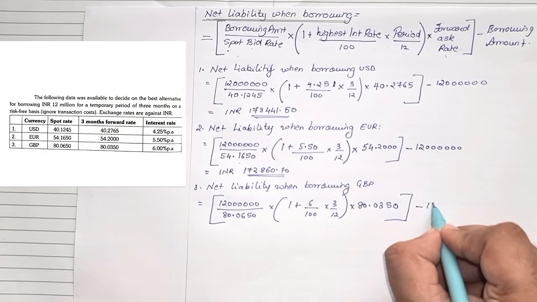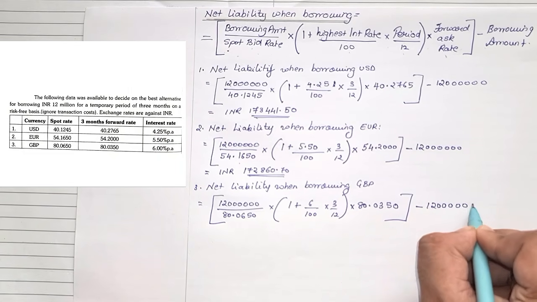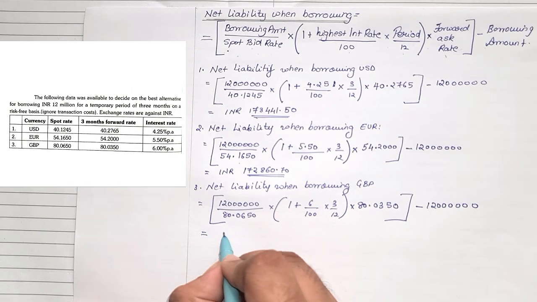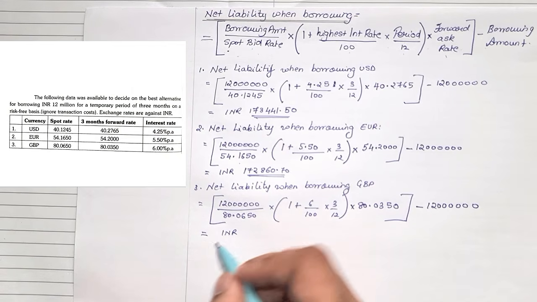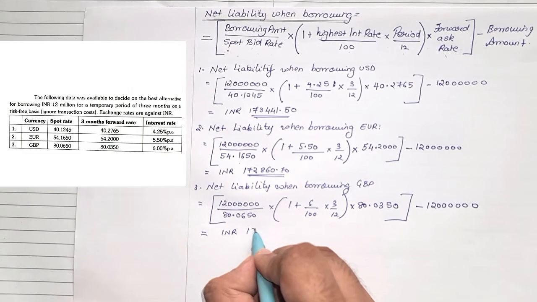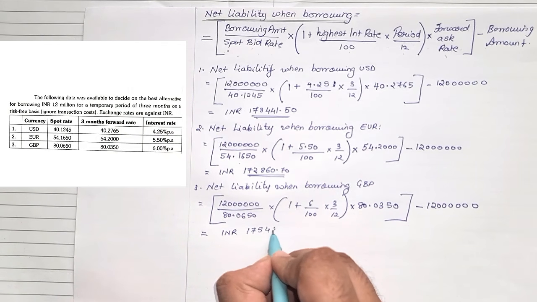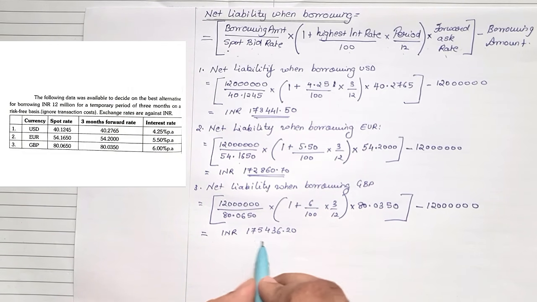Whatever answer you get, you'll have to minus the borrowed amount. So the value that you all should get would be INR 1,75,436.20.